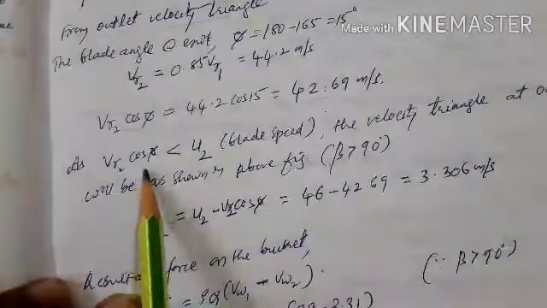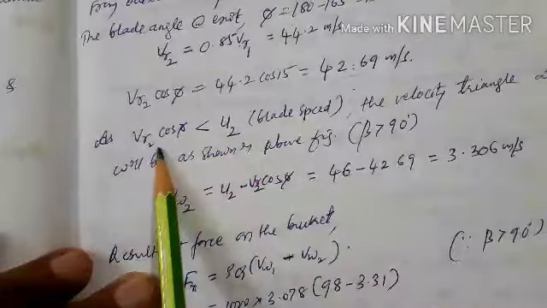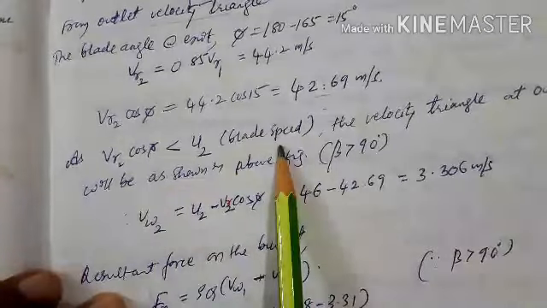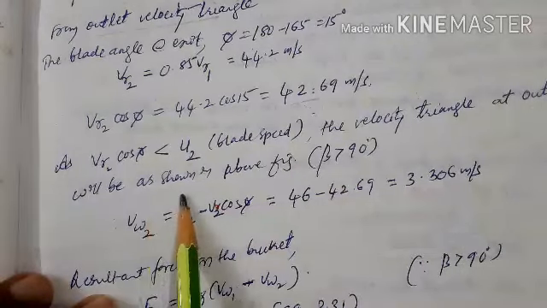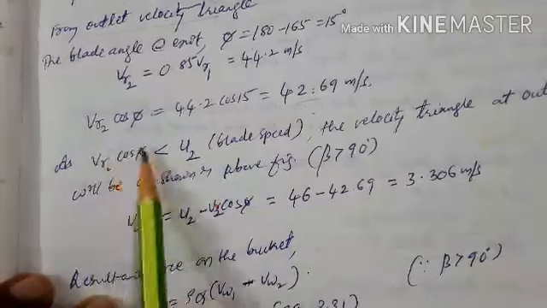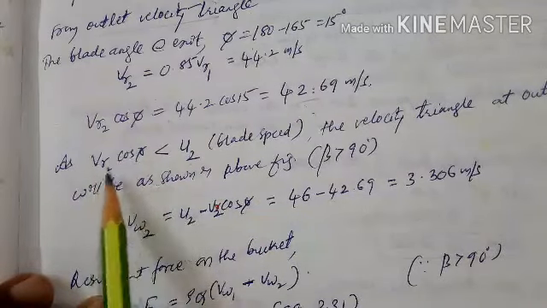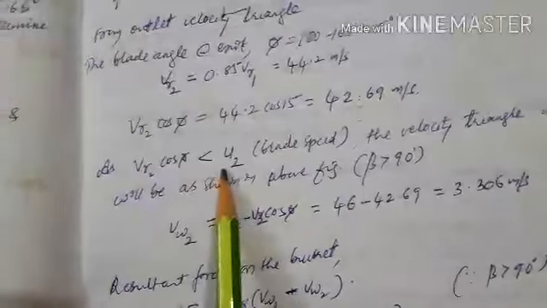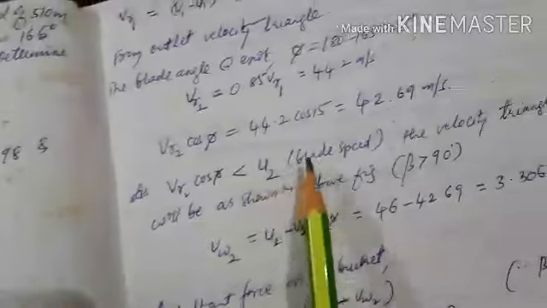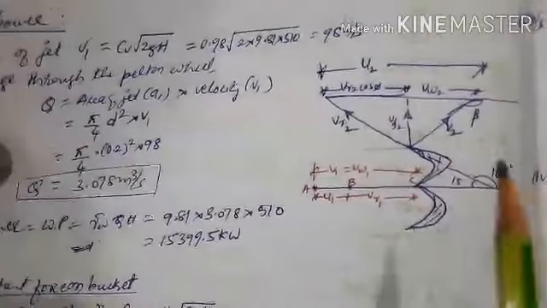You compare that U2 value, that is the blade speed, with VR2 cos phi, and the velocity triangle at outlet will be as shown in the figure. When you draw using these two quantities, VR2 cos phi and U2, you will get beta more than 90 degree. Let us look at the velocity triangle here.